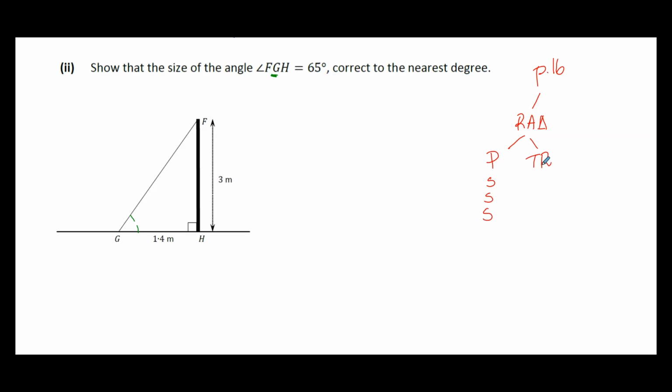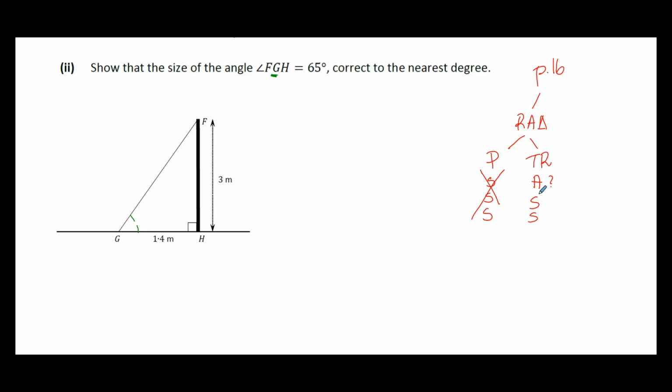When it comes to a trigonometric ratio, each one of them has an angle involved and two sides. Now, since we are looking for an angle, Pythagoras is not going to help us because it doesn't have an angle in the calculation, but a trigonometric ratio, yes.